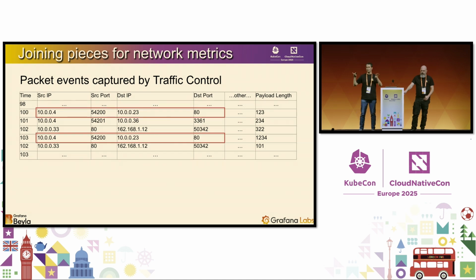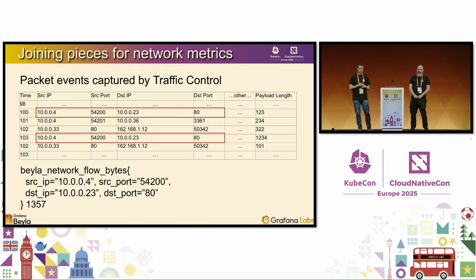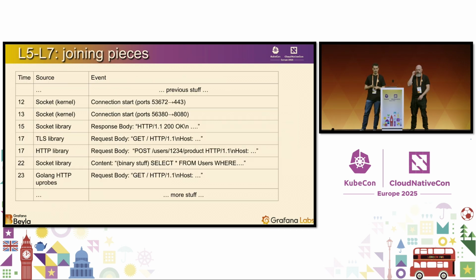So you can group all your network packets and aggregate this data. One example of a metric we have is Beyla's network flow bytes, which for 2 endpoints provides how many bytes are going in a given direction.